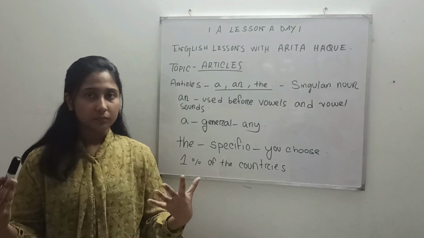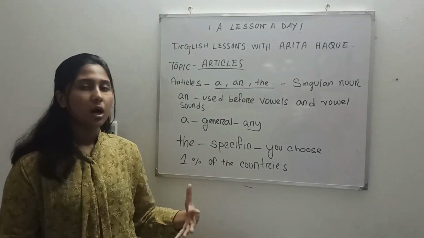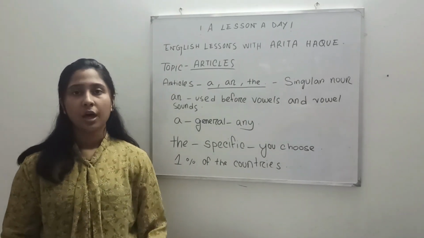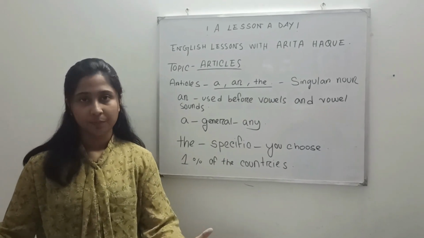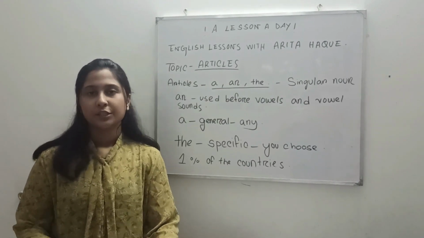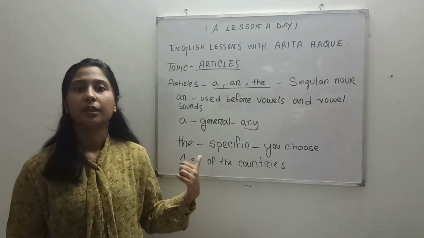Alright, so we also use the article the before the names of 1% of the countries of the world. For example, the United States of America, the United Kingdom, also one country, the United Arab Emirates. So yeah, these are the names of the countries before which we use the article the.